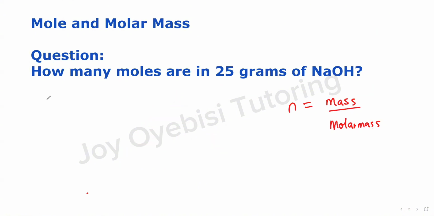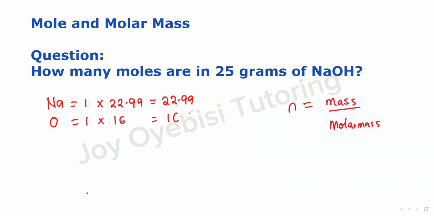So to calculate the molar mass of sodium hydroxide, sodium, you have just one. Multiply that by the mass of sodium in the periodic table, which is 22.99. Now that gives us 22.99 as well. Now oxygen, you have only one. Multiply by 16 grams of oxygen in the periodic table, and that gives us 16.